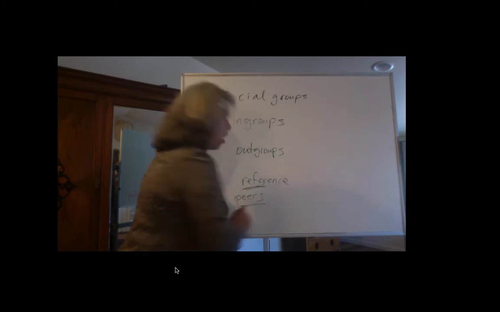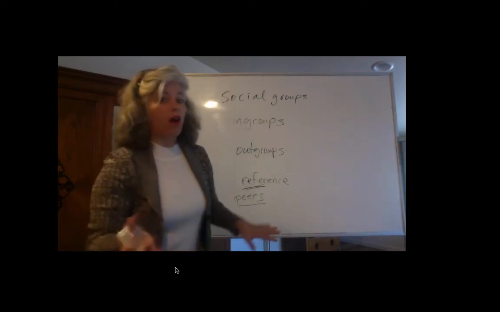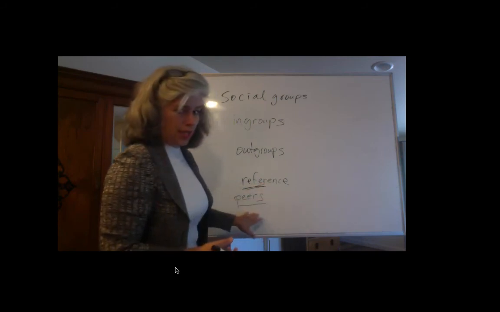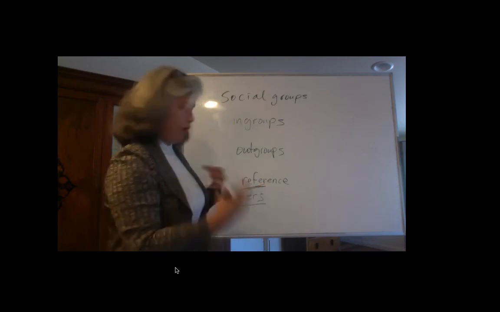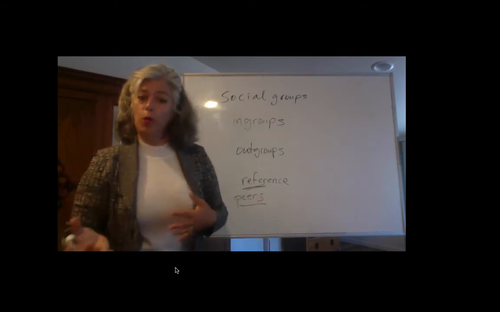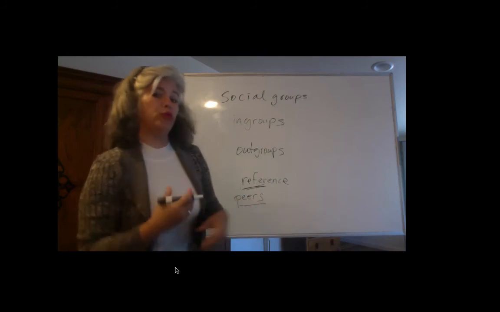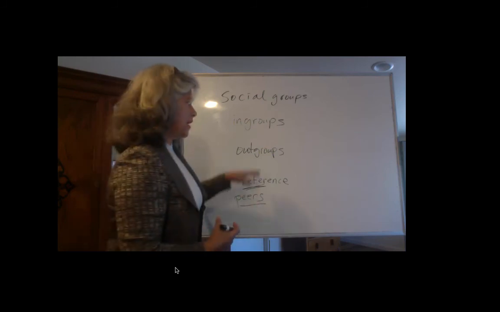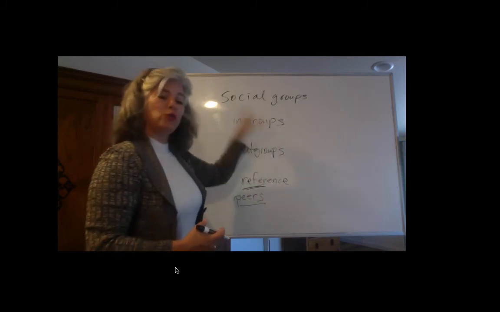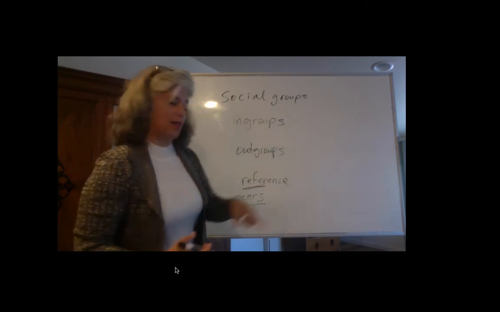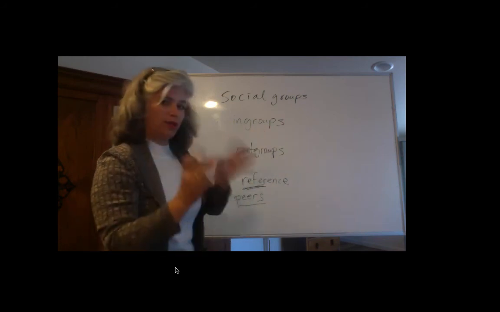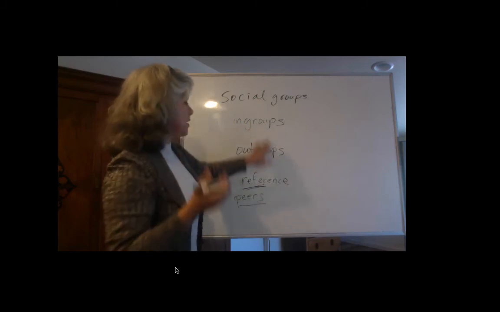Their opinion of you is often very important, and therefore you might look to peers and peers' behavior to model your behavior after, in order to perhaps assume or hope that those folks would approve of you. So think about the relationship between in-groups, out-groups, and reference groups to those primary and secondary groups that we just discussed.